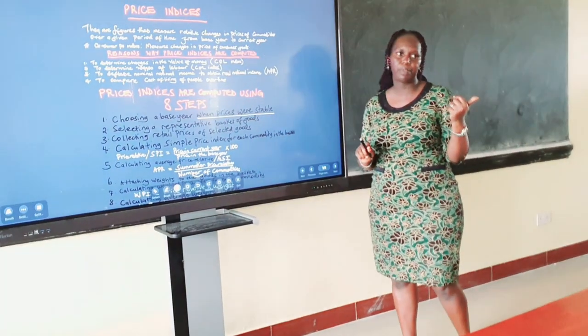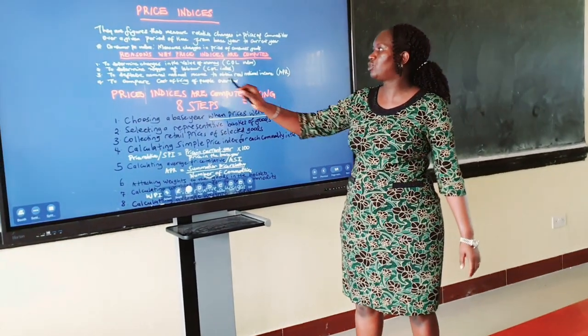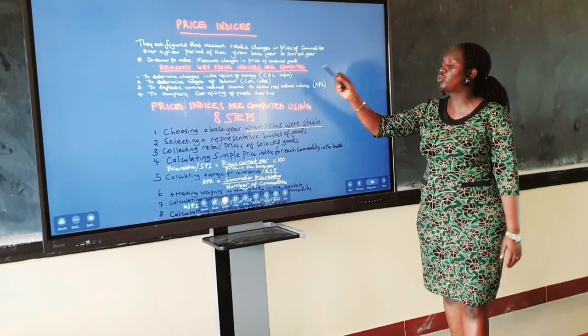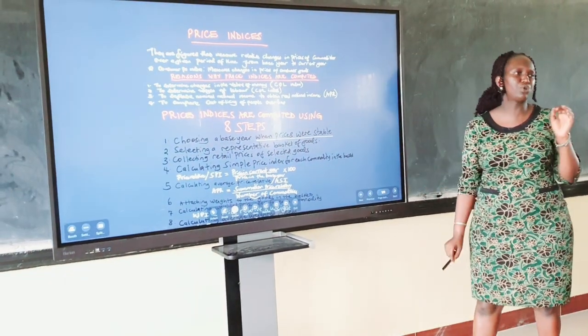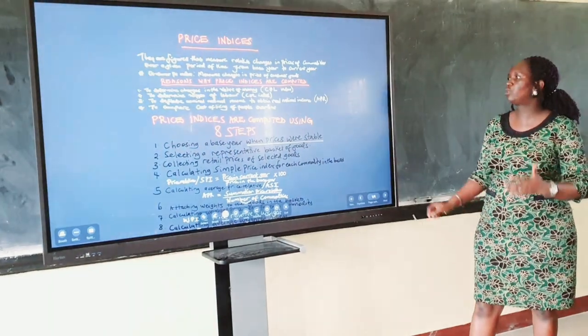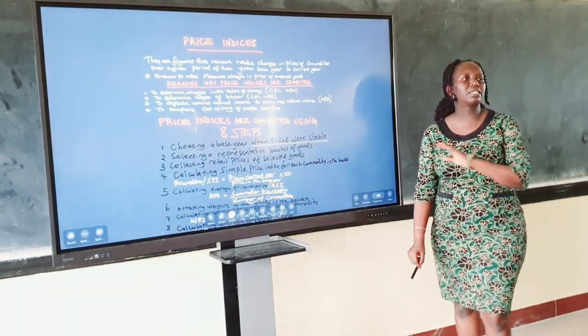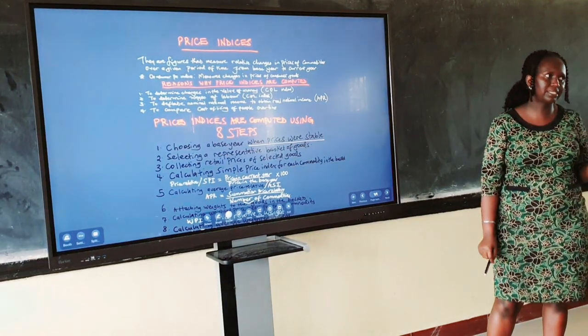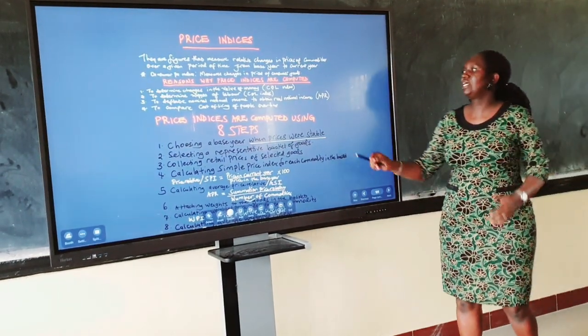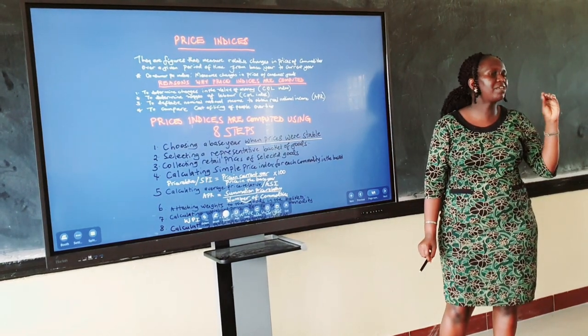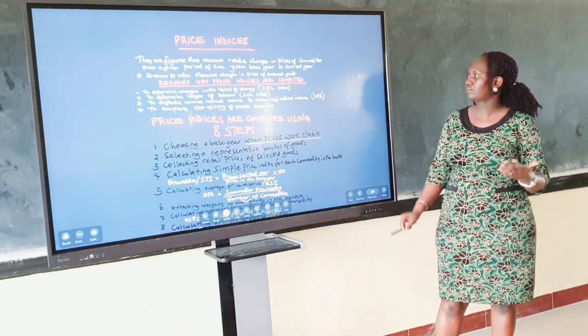they pay to labor. Number three, it's used to deflate nominal national income to obtain real national income. Recall that when national income is nominal, then it is calculated at the prevailing prices. So you want to find the real national income which does not have the effects of inflation.